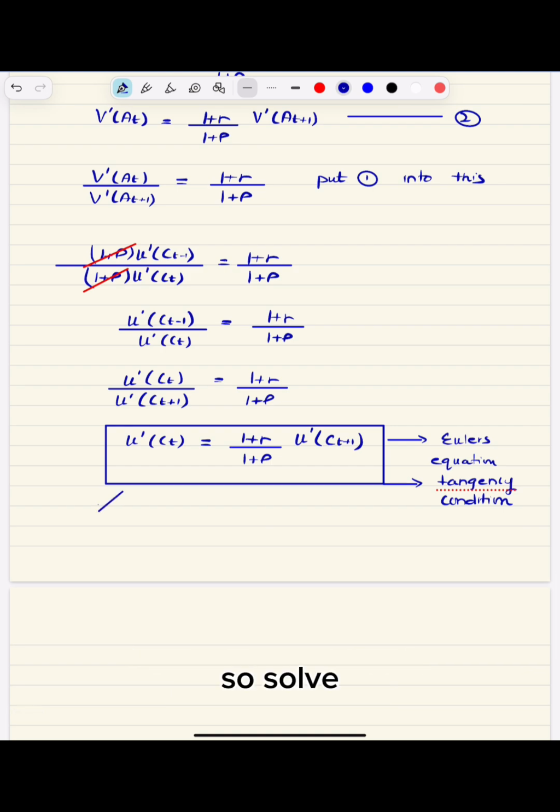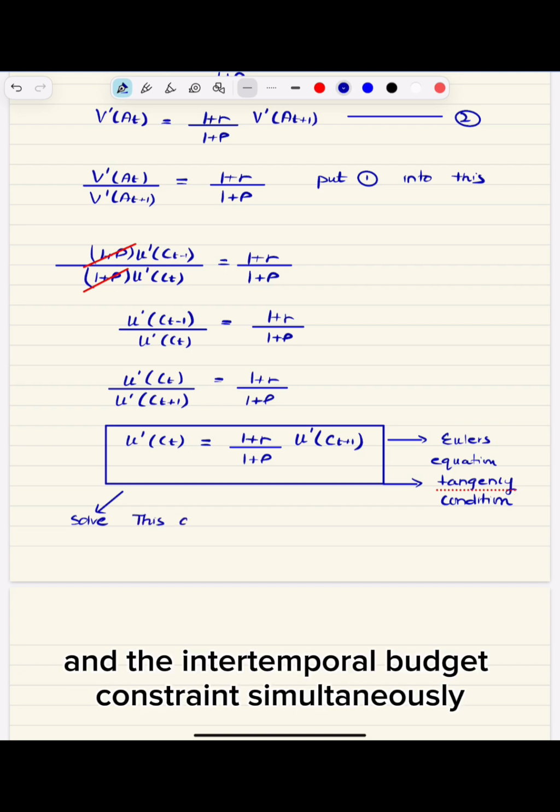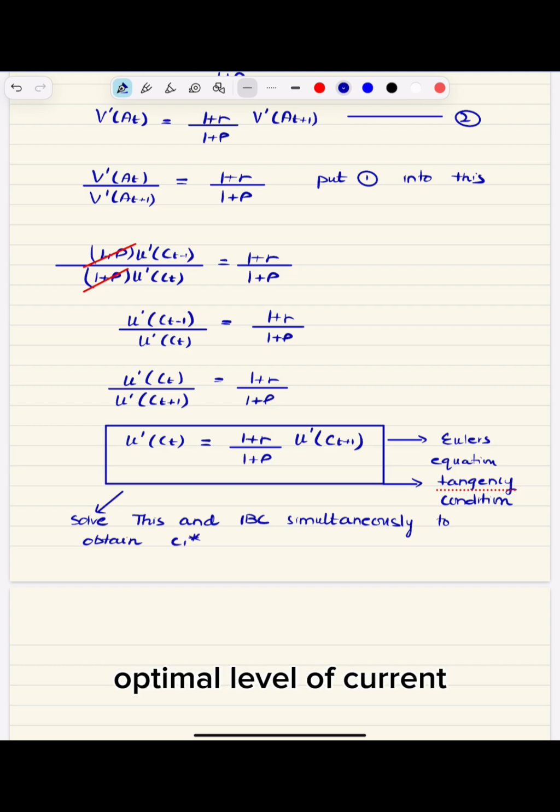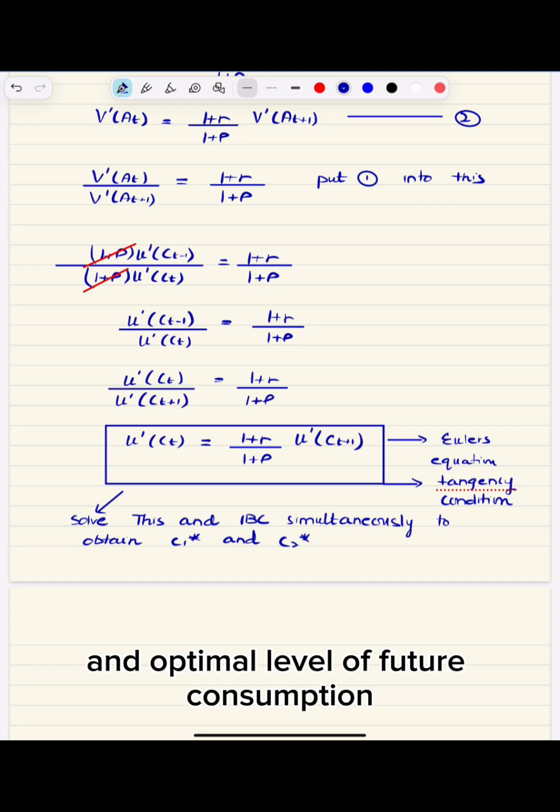So solve this and the intertemporal budget constraint simultaneously to obtain the optimal level of current and optimal level of future consumption.